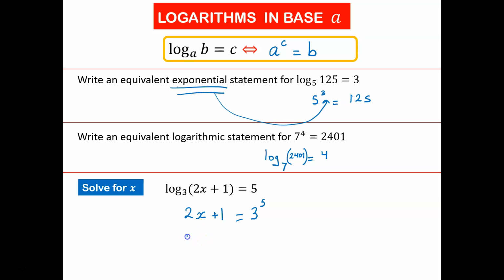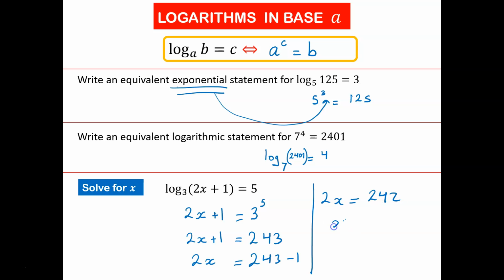So we have that 2x plus 1 is equal to 243. And we solve as per usual. 2x equals 243 minus 1. 2x is equal to 242. X is equal to 242 over 2, and half of 242 is 121.